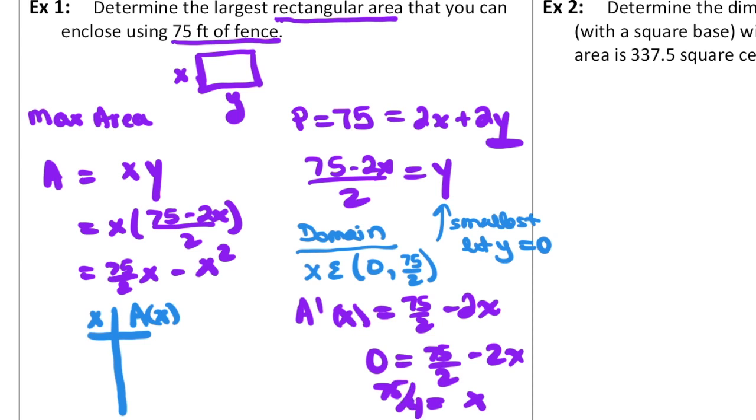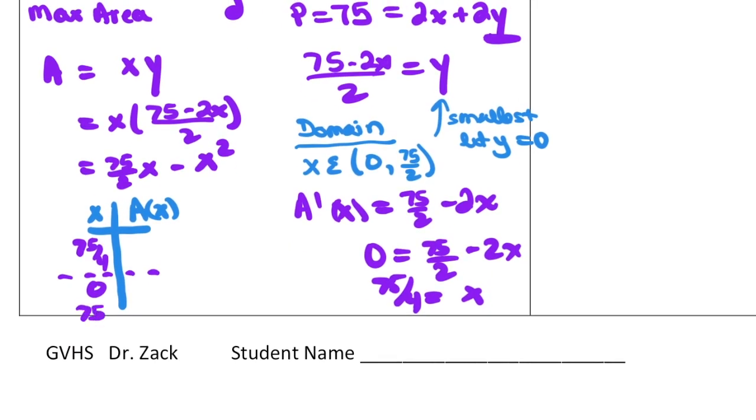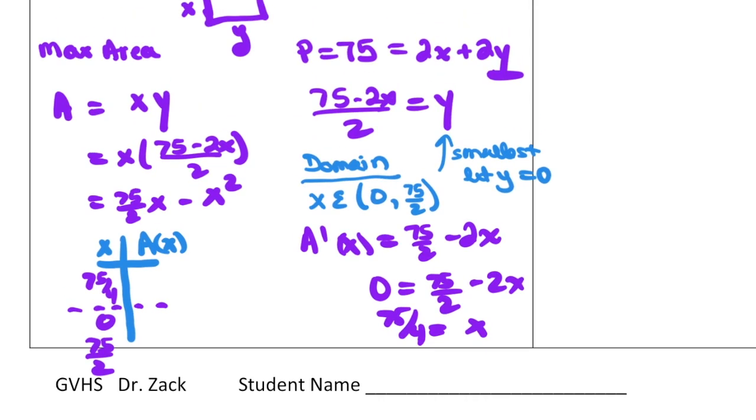So place your critical numbers into your table of values. We now have 75 over 4. Put your domain in. We'll have 0 as well as 75 over 2. When you substitute into your area equation, you're going to get 0 and 0.